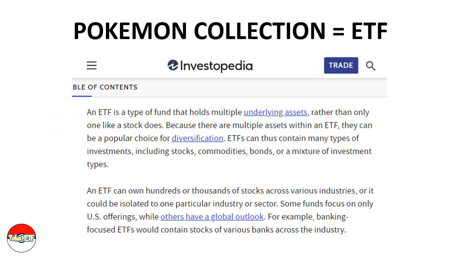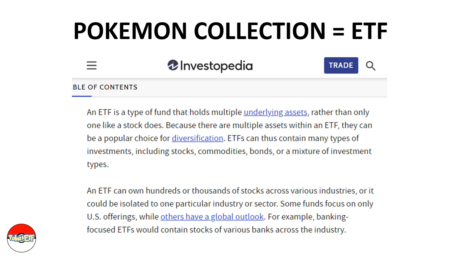And I believe Pokemon collections are like ETFs, hence the channel's name, Poke ETF. And if you are into finance, stocks, and especially ETFs, there are hundreds of ETFs to choose from that tailor to a specific need. You have your Cathie Wood's ARK ETFs, and then you have your S&P 500 ETFs that are very common and standard.